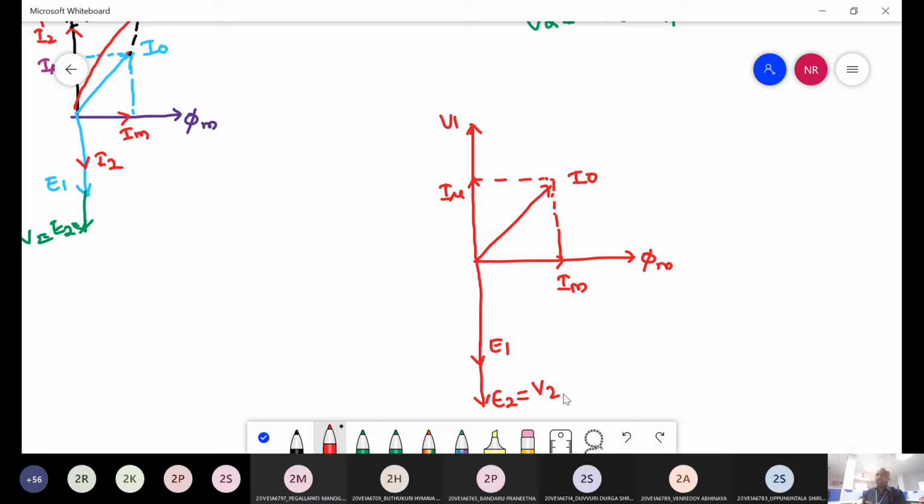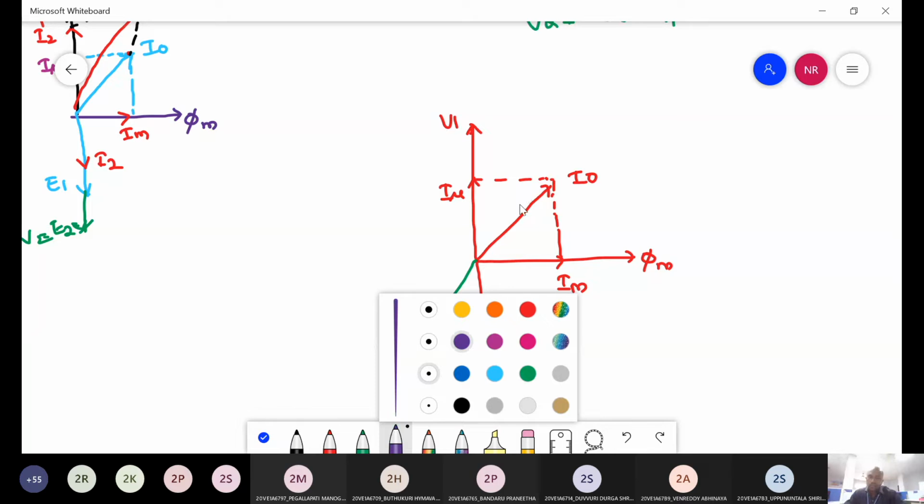But if it is an inductive load, in a pure inductive load, current lags the voltage by 90 degrees. But if it is some inductive load, then here the current lags. Here it is I2. Then I2 dash is exactly 180 degrees opposite to I2.